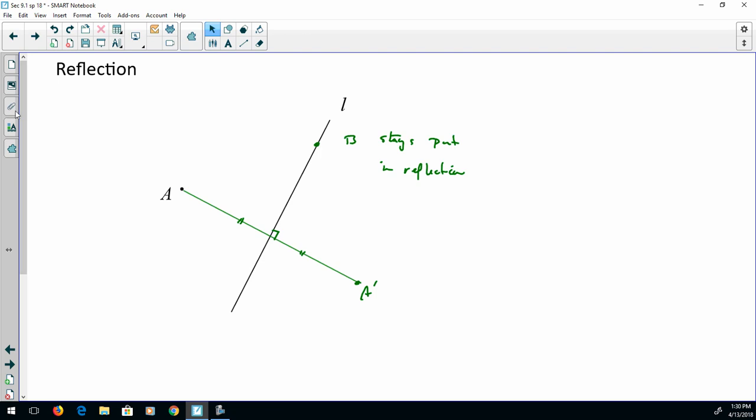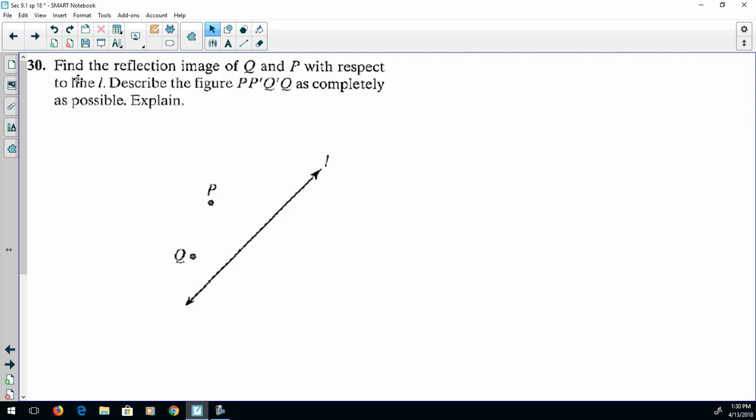Number 30. I have a line L and the points P and Q. Find the reflected image of Q and P with respect to line L, and describe what this new figure is. Okay, this is really pretty easy. What you do is start by picking 2 points on line L. It doesn't matter where they are.